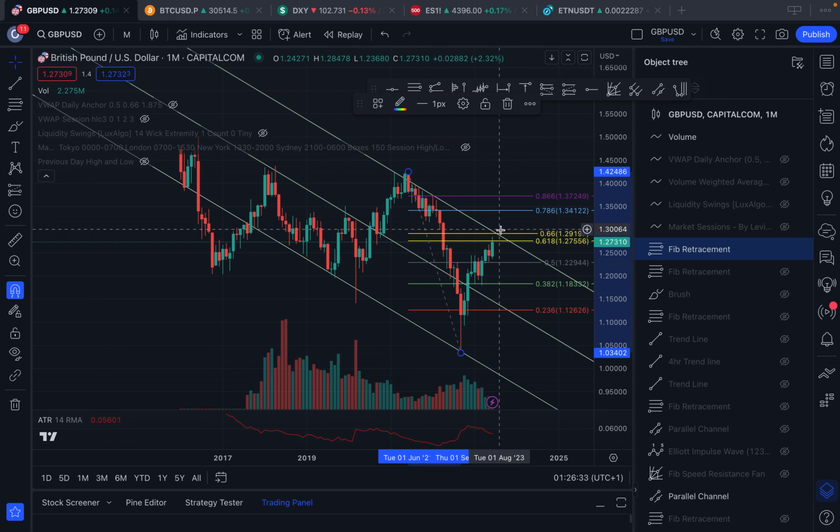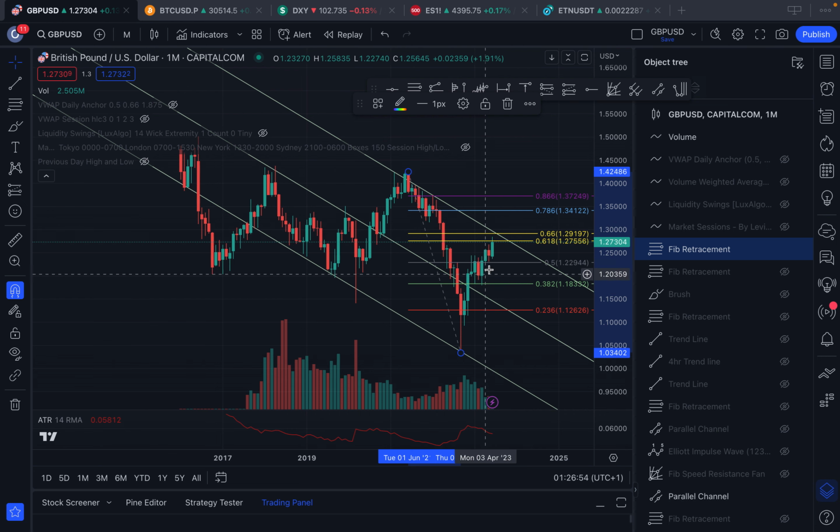Remember, this is a channel, so it's not exactly that point itself. And then that could be around the 1.3 level, really, just a psychological level, where we could front run it, at 1.299 or something like that, and then come back down. That's always an option once we hit that.